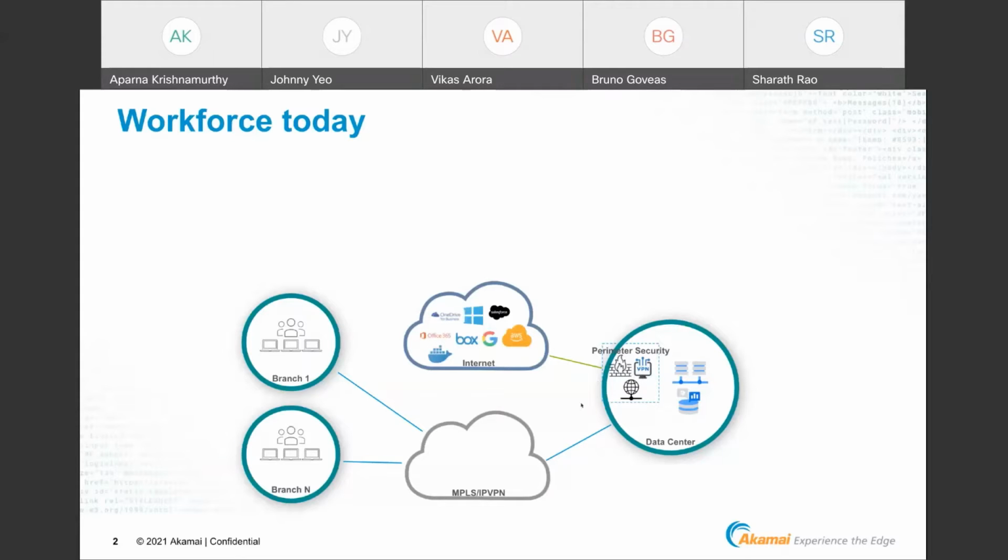And then there's a proliferation of all these SaaS and PaaS services. And then what happened next? You say, okay, instead of having the users from branches tromboning to the data center and out to the internet, let's go direct. That's where SD-WAN comes into play. SD-WAN says, let's have a direct breakout and do the routing for any SaaS or PaaS services to go direct.